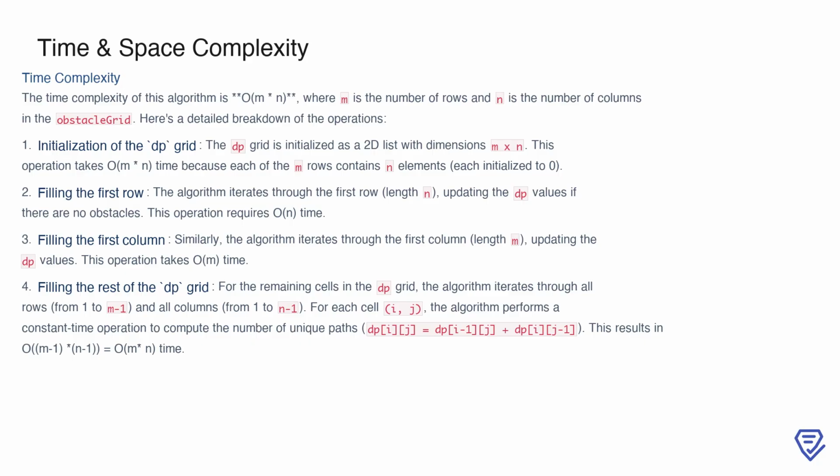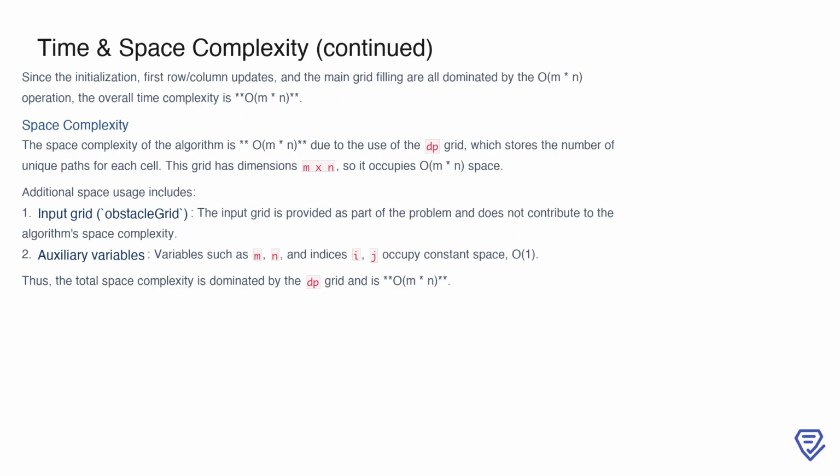When simplified, this is also O(m*n). Combining all these steps, the overall time complexity is O(m*n). Since all the operations, including initialization, the first row and column updates, and the main grid filling, are dominated by the O(m*n) term, the total time complexity is confirmed to be O(m*n).